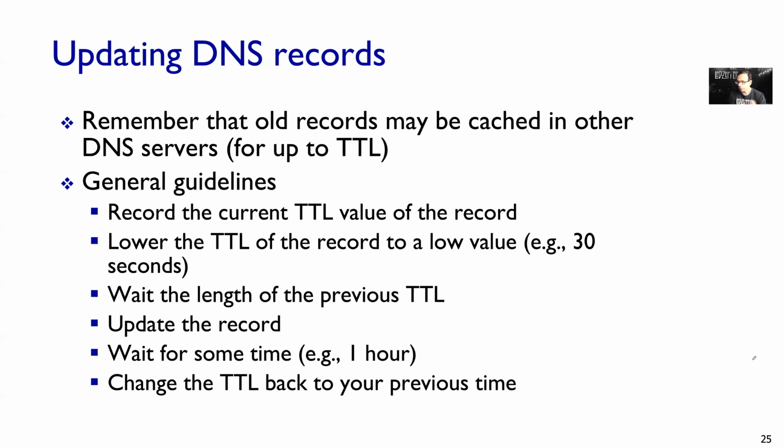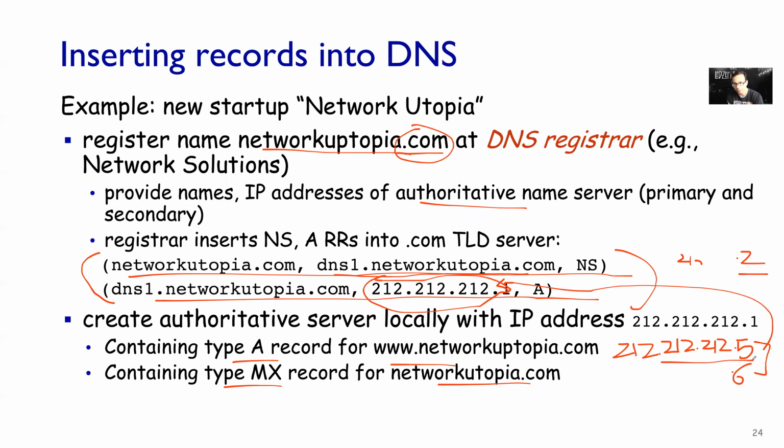Okay, so going back to my example, the .1 and .2 are the authoritative DNS name servers, right? And .5 and .6 are for these two domains.